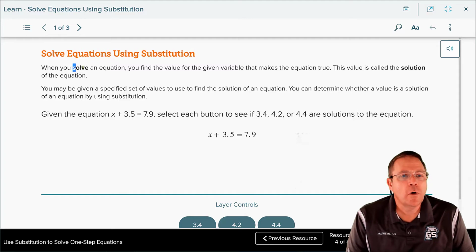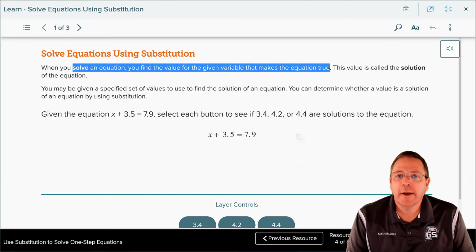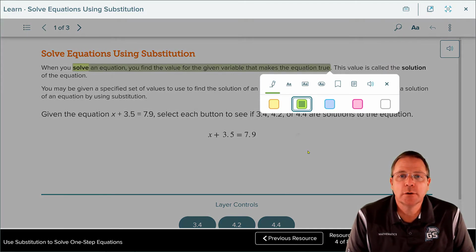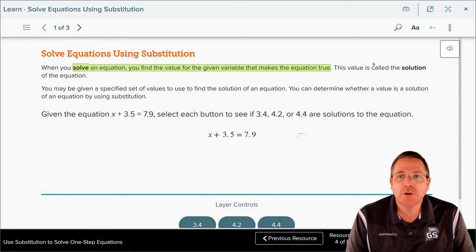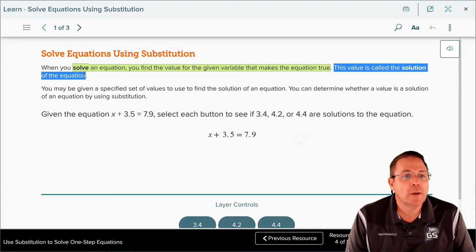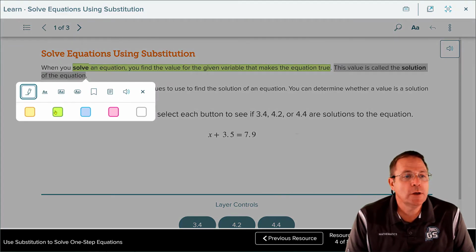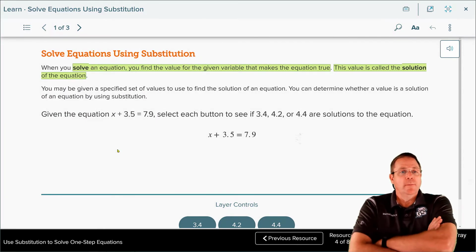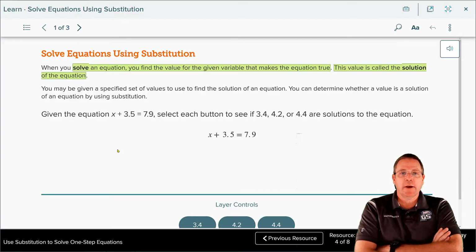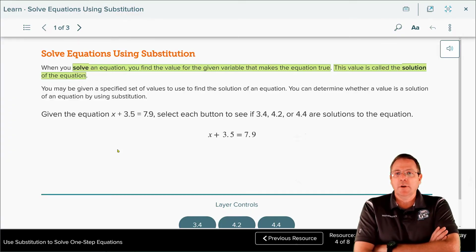When you solve an equation, you find the value of the variable that makes that equation true. Vocab word. This value is going to be called the solution of the equation. Another vocab word. You may be given a specified set of values to use to find the solution of an equation, and you can determine whether a value is a solution by substituting those values in.